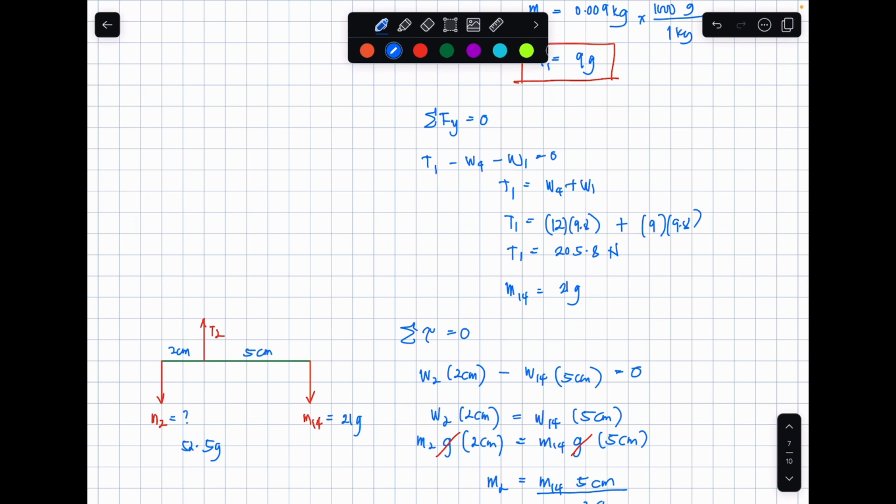Oh, sorry. So T1 here is not 205.8, since we haven't divided that one by the conversion. So I'm just going to change the unit. The unit here is just gram meter per second squared.